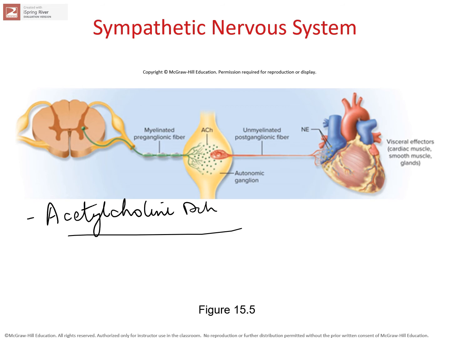All right. So the postganglionic nerve fiber receives the action potential, and it transmits the action potential down the axon all the way to the effector. In this case, the effector is the cardiac muscles and the smooth muscles and glands.